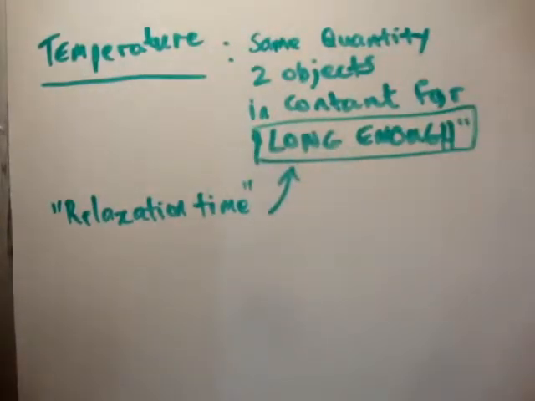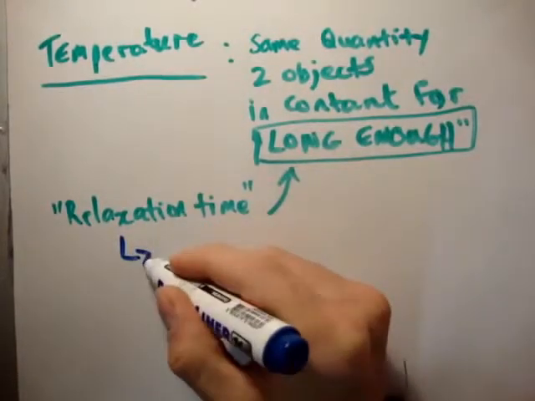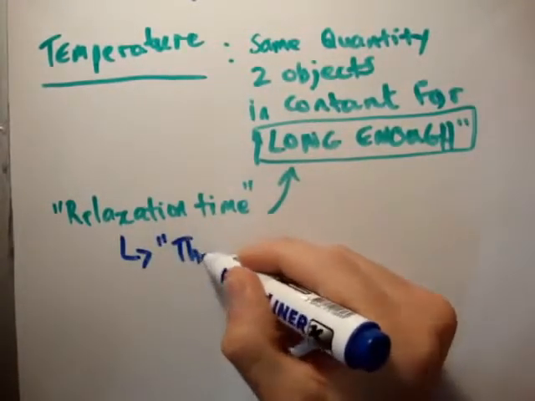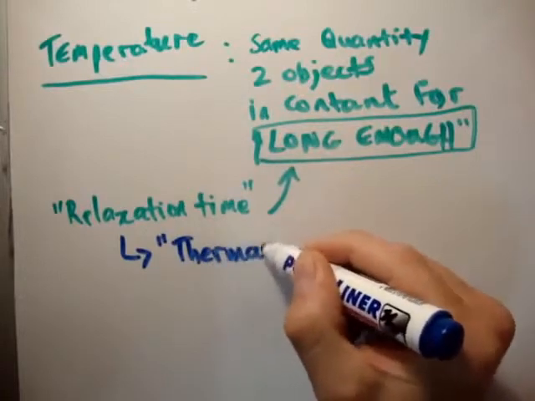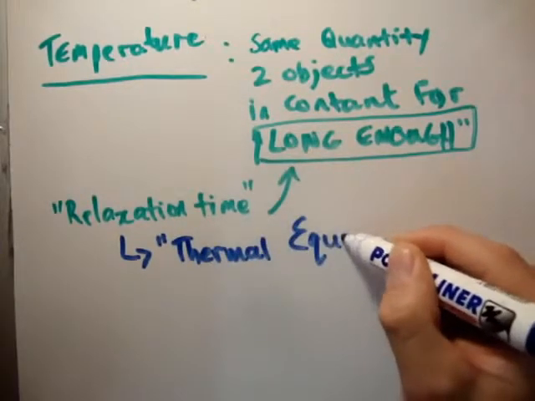So you put a hot body and a cold body together. After the relaxation time, the property which they have that is the same is the temperature. So the temperature is the same for two objects after the relaxation time for those two objects has elapsed. And once the relaxation time has elapsed, we say that the two bodies are in thermal equilibrium.